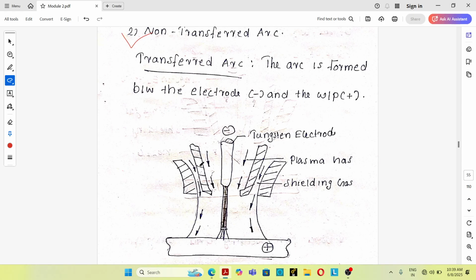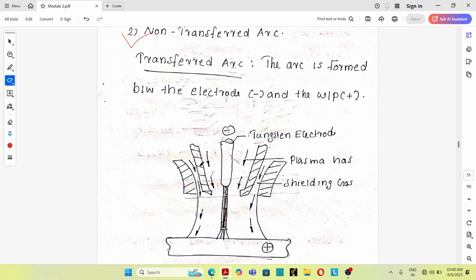In this process, the arc has high energy density and plasma jet. For this reason, it is used for both cutting and melting processes. It is also used to cut stainless steel, non-ferrous metal, carbon steel, etc.